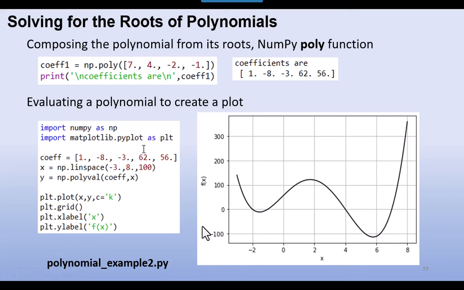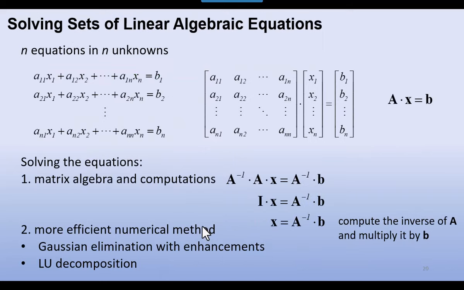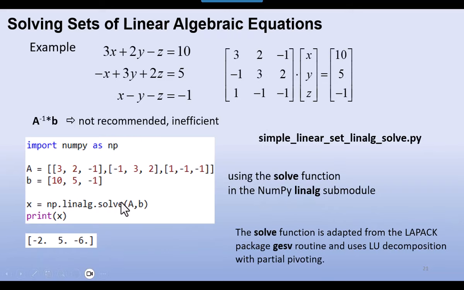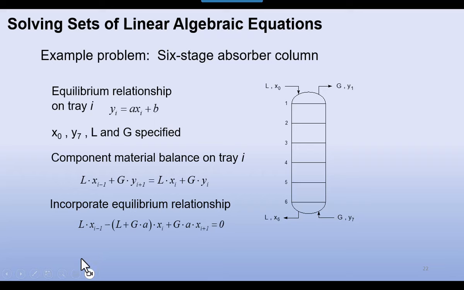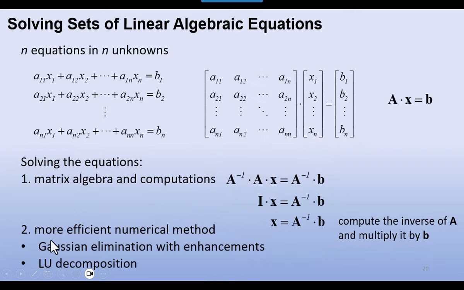Okay, so now what we're going to do is move on to multiple equations, and we're going to start with linear sets of equations. And there's just some background information here that is meant to be a reminder for you, a sort of review, and that is that we're talking, in general, about n equations in n unknowns, the unknowns designated here x1 through xn, and the equations shown starting with the first equation down to the nth equation.